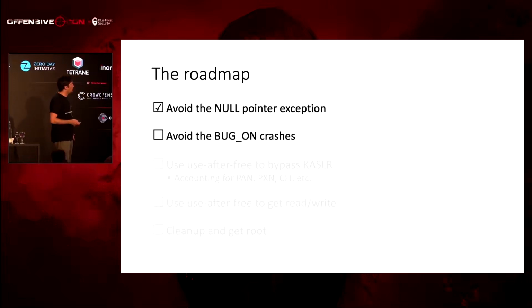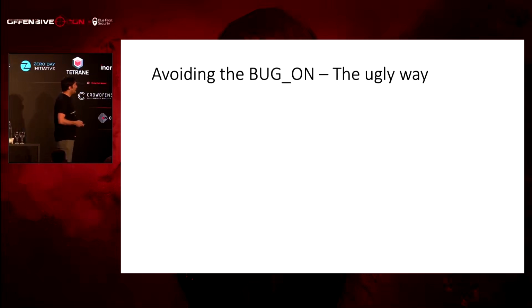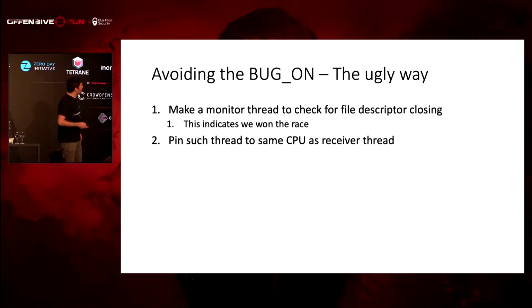So this is out of the way. Now onto debugging the crashes. Again, I went for the ugly way, which was, I said that there is this monitoring thread, right? So once this monitoring thread releases a file descriptor, we know that we won the race. So what I'm going to do is pin this thread to the exact same CPU as the thread that's going to cause trouble later on, okay?